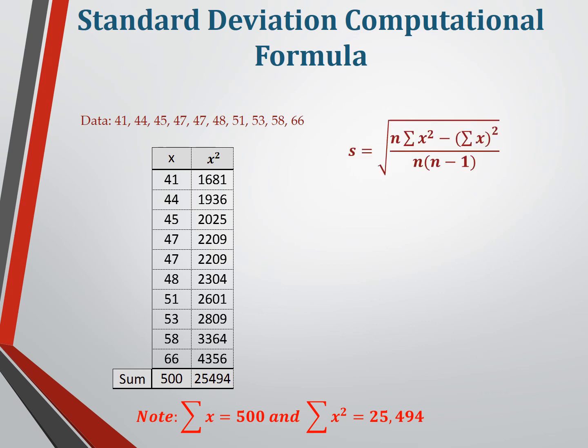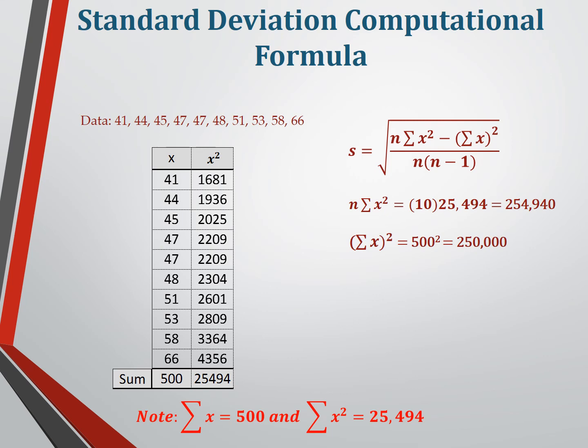Now, let's review the formula. The computational formula, little s, the sample standard deviation, equals the square root, n, which is the sample size, times the sum of x squared, minus the sum of x squared. That difference divided by n times n minus 1. The rest of this problem is substitution. We know that n times the sum of x squared, n is 10, sum of x squared is 25,494, so we get a product 10 times 25,494 equal to 254,940.